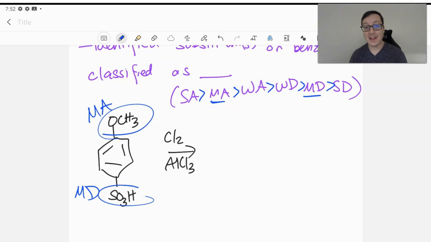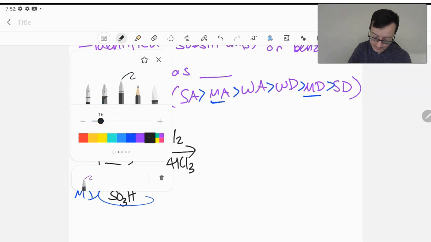And our moderate activator says, I am an ortho-para-director. And as a result, we should put our chlorine ortho or para. As we see here, that sulfonic acid is already occupying the para position. And so if the only thing left is ortho, that makes our product pretty easy.